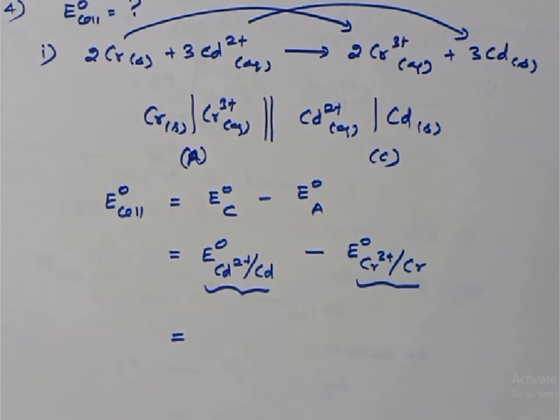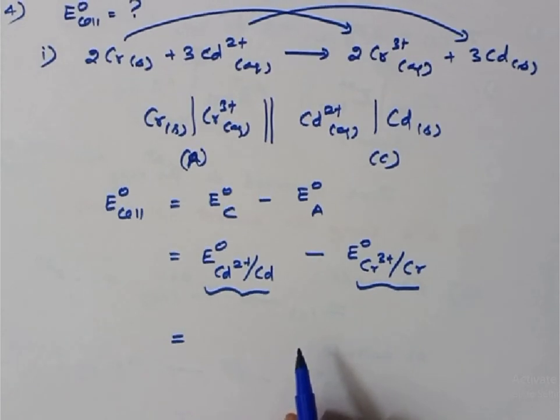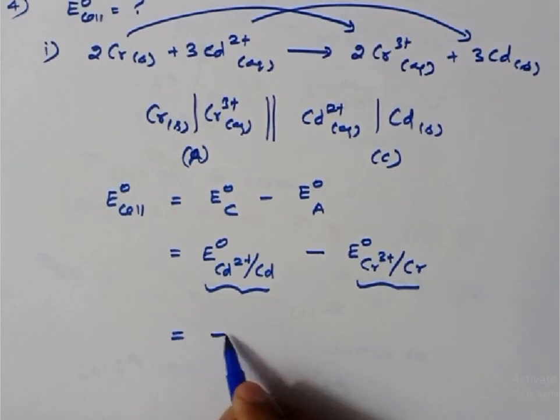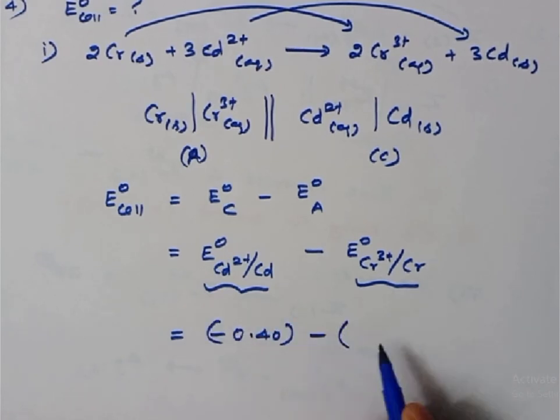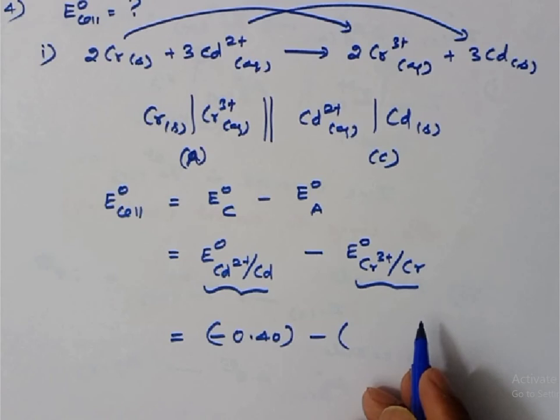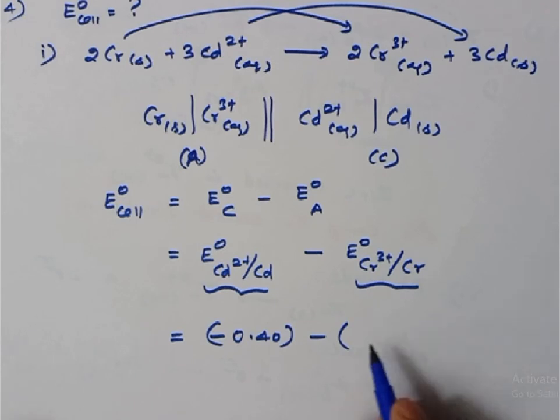So from the table, the reduction potential for cadmium is minus 0.40 volt, minus the reduction potential for chromium 3 plus becoming chromium, the value is minus 0.74 volt.